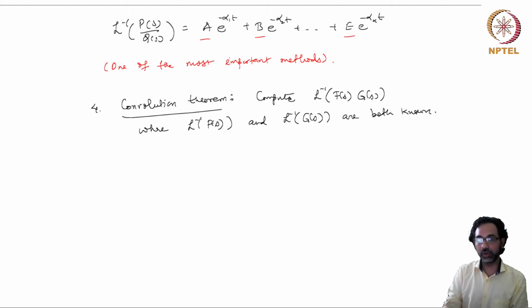So the convolution theorem gives you an explicit formula by which you can compute the inverse Laplace transform for the product of two Laplace transforms, and then you can compute the inverse Laplace transform using the inverse Laplace transforms of F(s) and G(s).